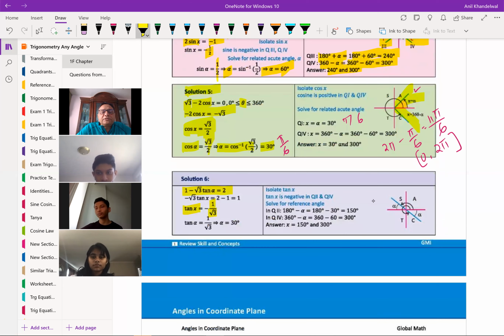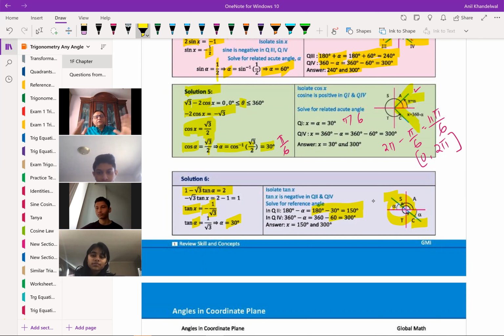So when you use your special triangle, you know alpha should be equal to 30 degrees or pi by 6, correct? Since tan is negative, we are looking for quadrant 2 and quadrant 4, with the acute angle being 30 degrees. Therefore the solutions will be 180 minus 30 and 360 minus 30, and we get our solution.